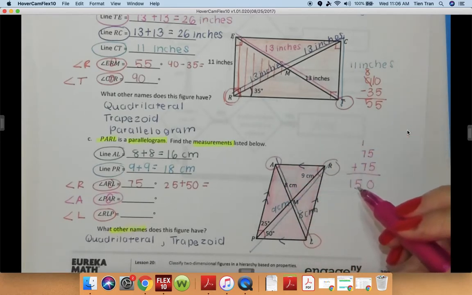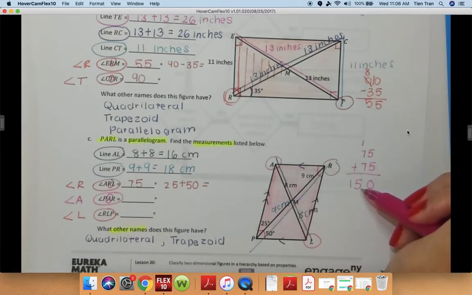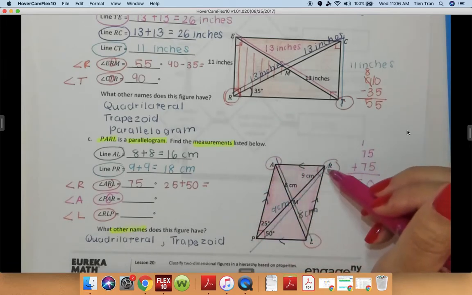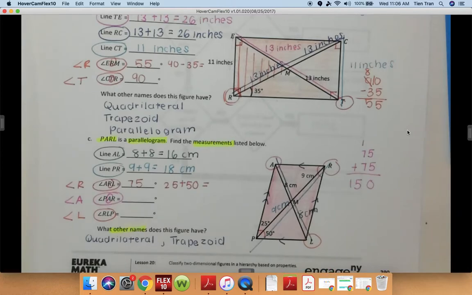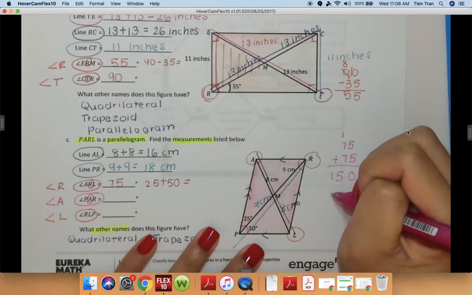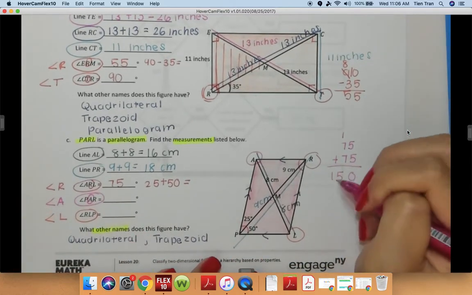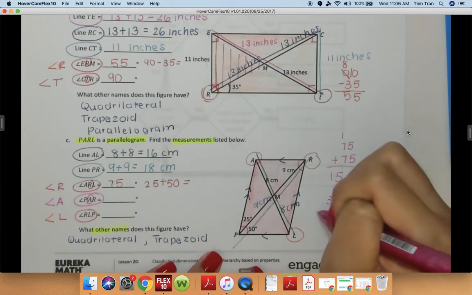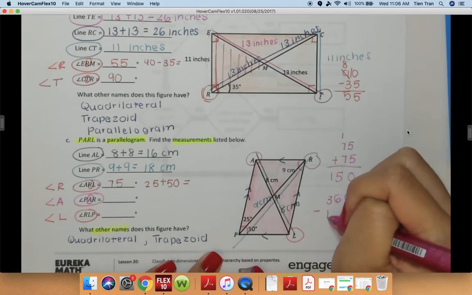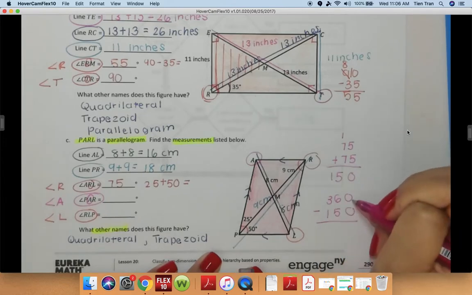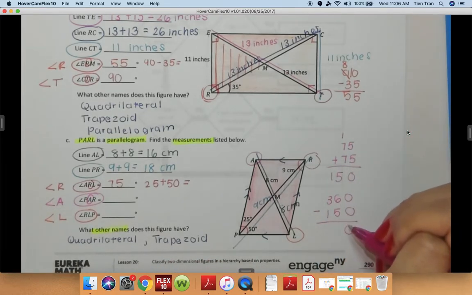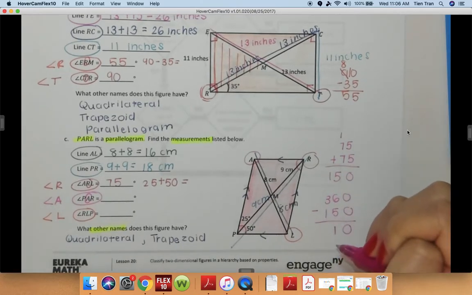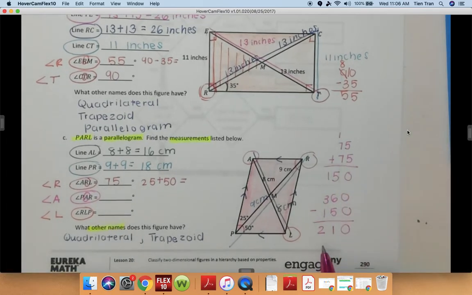Now, I know that my whole entire shape should equal 360. So if I were to subtract 360 minus 150, what do I get? 0 minus 0, 0. 6 minus 5 is 1, and 3 minus 1 is equal to 2. So I have 210.